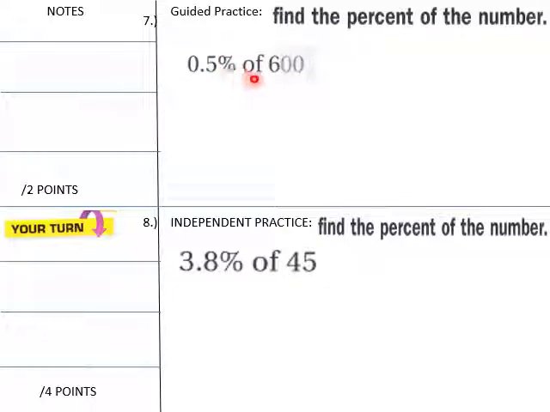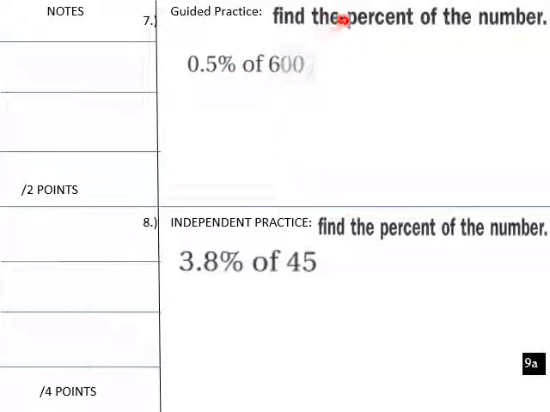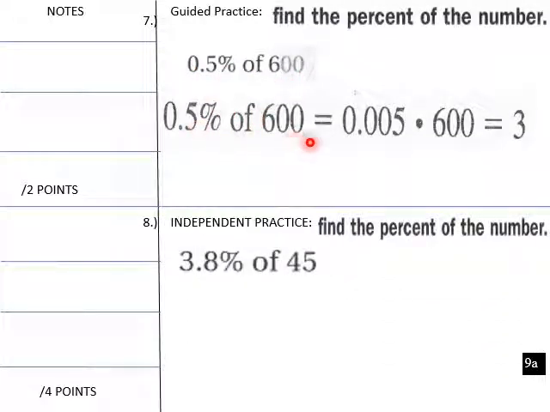Okay, let's try this one now. What is 0.5% of 600? And this is yours down here, student. So pay attention so you can do your independent practice. Finding the percent of a number, we've got 0.5% of 600. The way we would find that is we move our decimal place over 2 places to the left. So we start here, we go 1, 2.